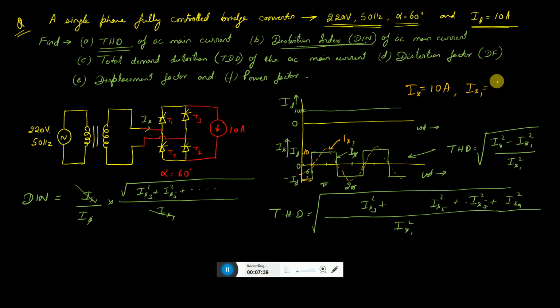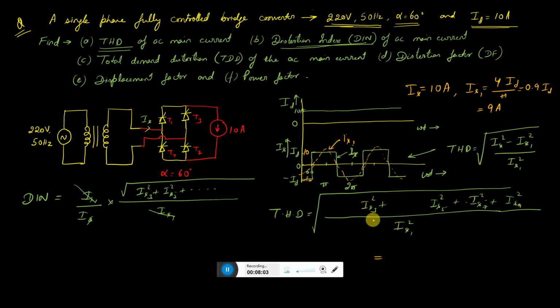IS1 is 4 ID by pi. In other words, this is 0.9 times ID, or 9 ampere. So IS1 is 9 ampere, IS is 10 amperes, and then we can find the value of THD.